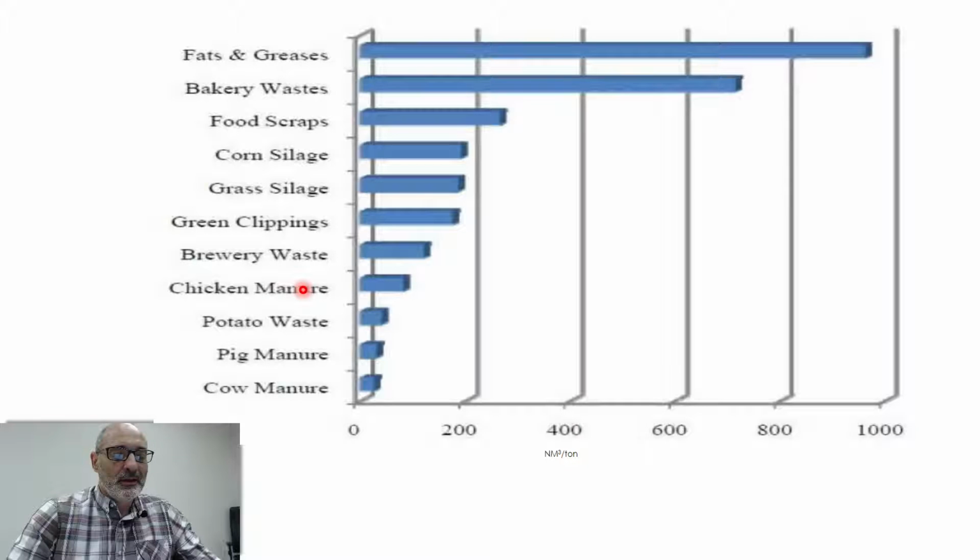Chicken manure is interesting, but pig and cow are not very good. Fats, greases, and oils, bakery wastes, food scraps, and corn silage give you a lot of natural gas.